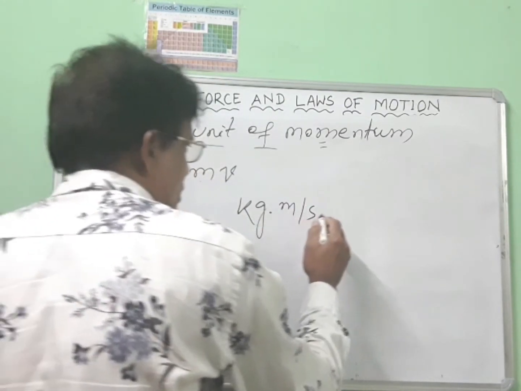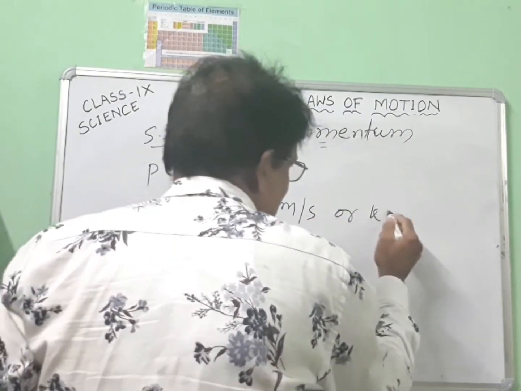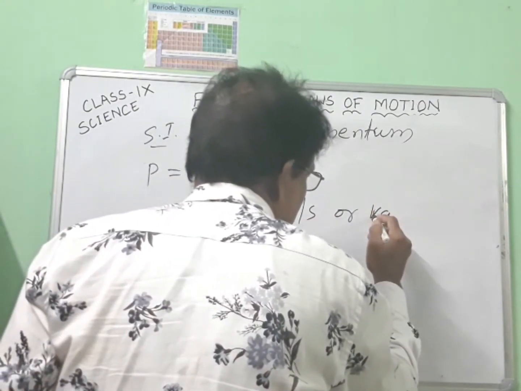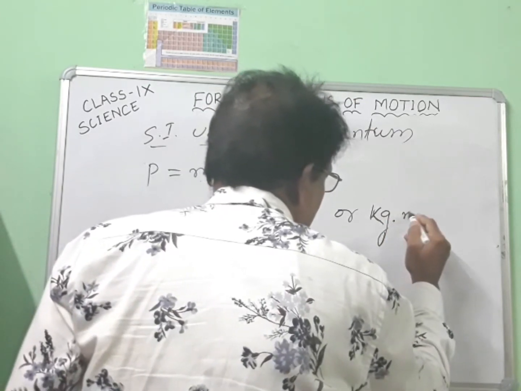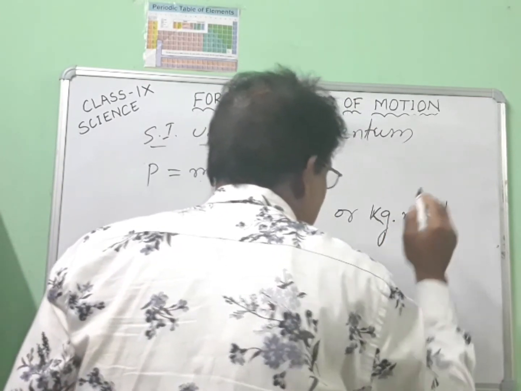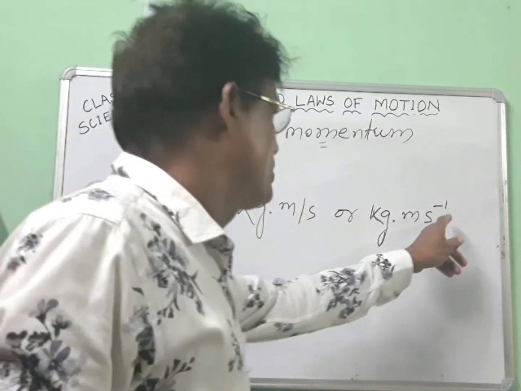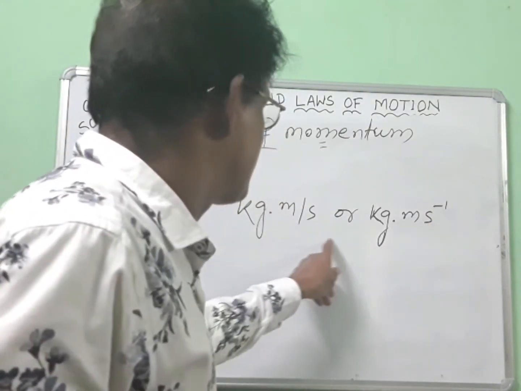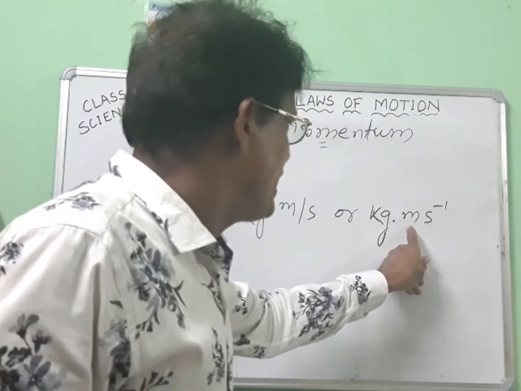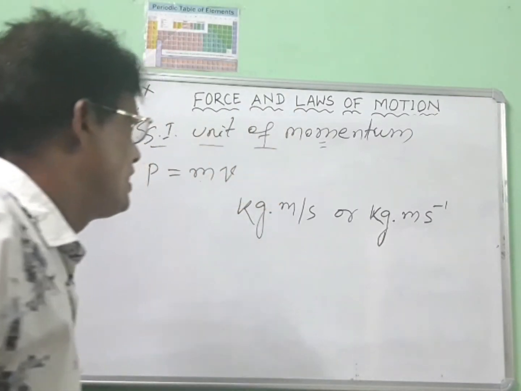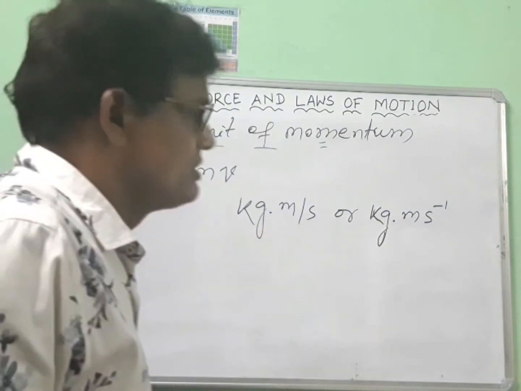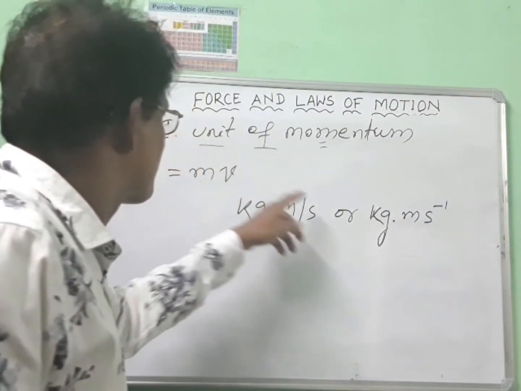So the unit is kg meter per second, or kg m s to the power minus 1. This is the SI unit of momentum.